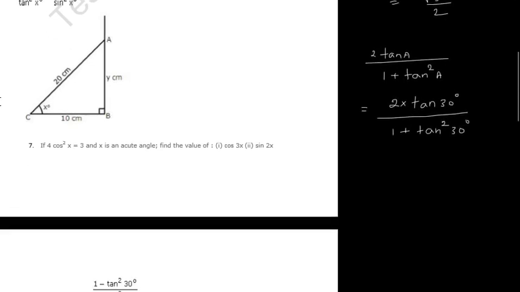So this is 2 into the value of tan 30, which is 1 upon root 3, whole divided by 1 plus 1 upon root 3. If we square it, we will get 1 upon 3. So this is 2 upon root 3 whole divided by 3 plus 1, 4. This is 4 upon 3.